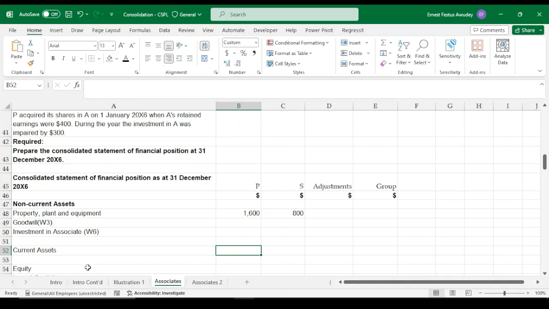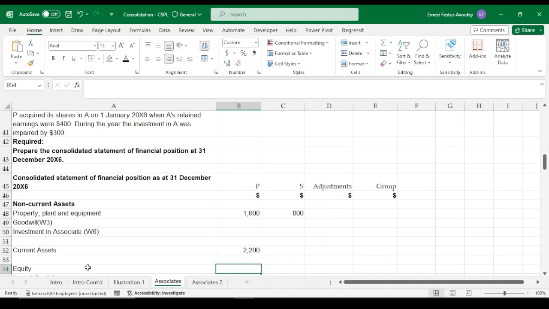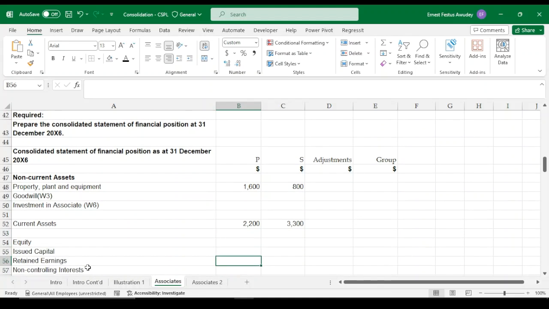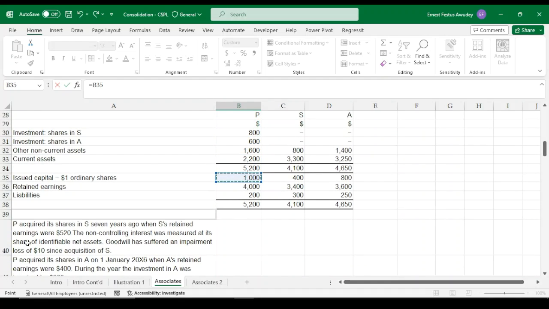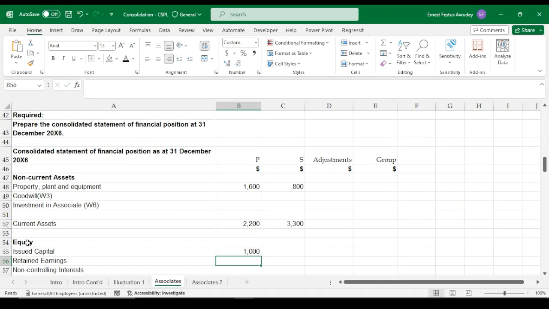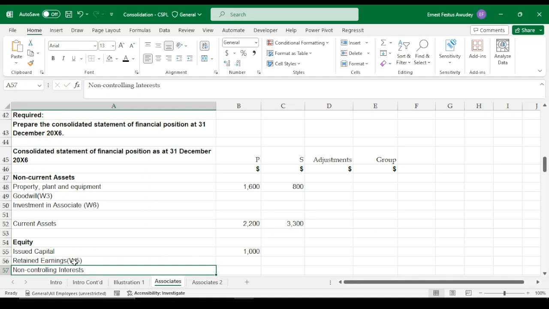So let's come to our current assets. So I'll go to my separate financial statements, and then I'm going to link up my current assets, using Control R there. Then for my equity, we are going to use that of the parent only, as we already know. So I'll have my 1,000 there, and then we know that our retained earnings is going to be our workings 5, W5 there.